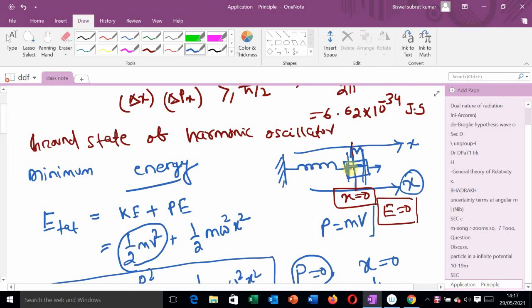So you find two values of x, one on this side and another on this side, because this is the origin, x is equal to 0. You get some positive value on this side and some negative value on this side. In this region the energy is minimum.